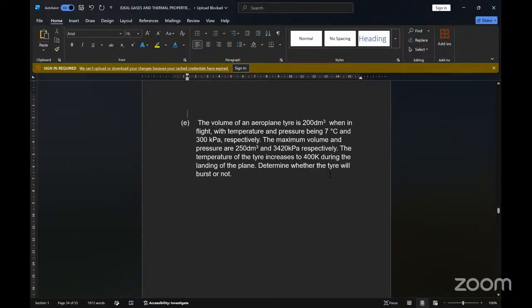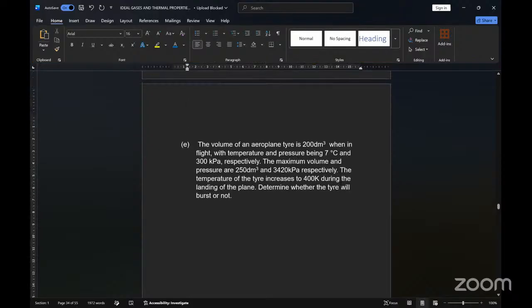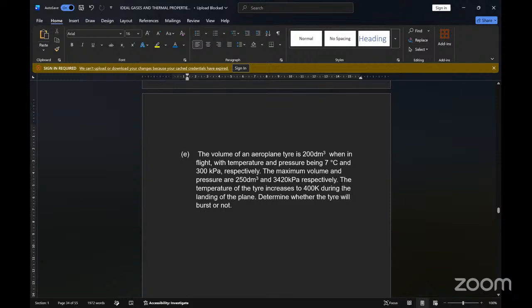Now, this one is a bit of a practical question, and again, that's why I want to answer that. This one says that the volume of an aeroplane tire is that. So this is your V. When in flight, with a temperature and pressure of this. So this one is the temperature here, and this is the pressure here, respectively.